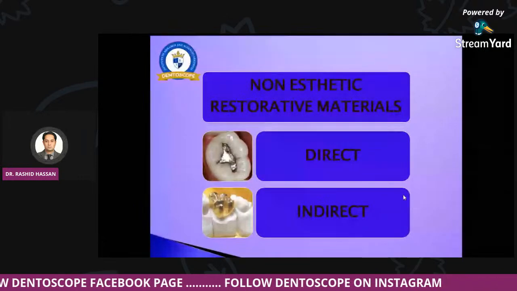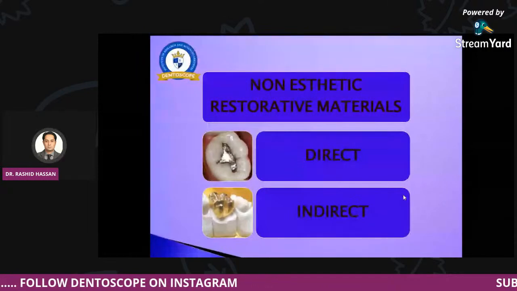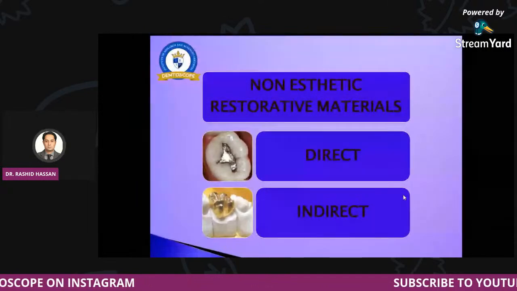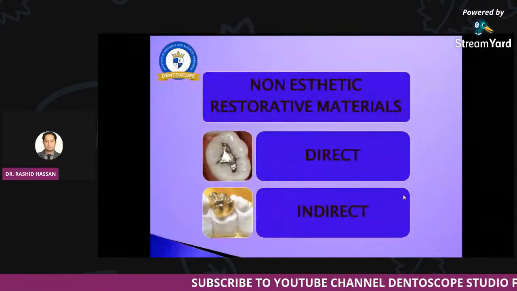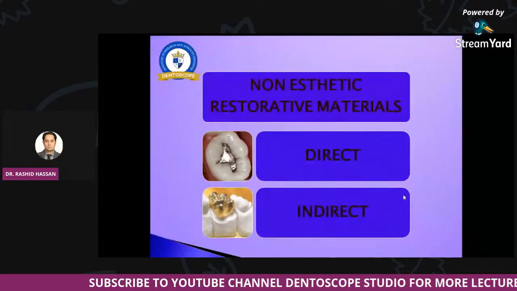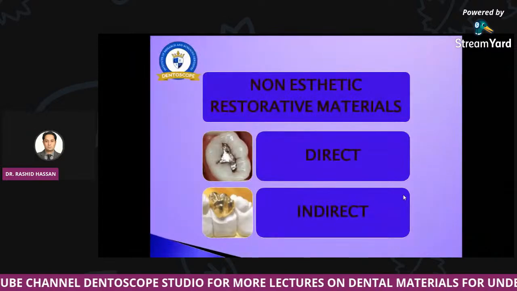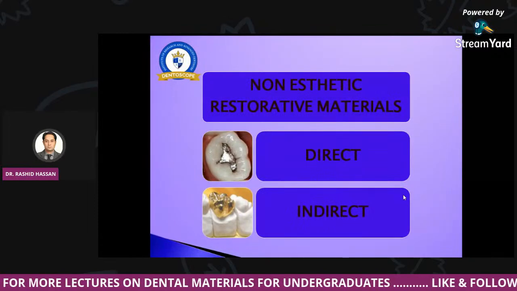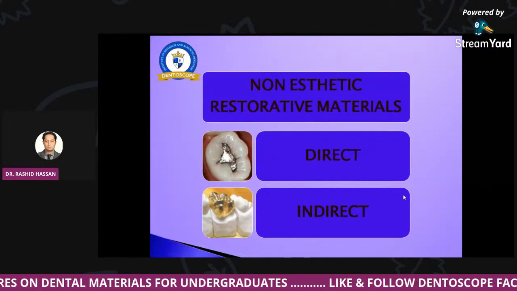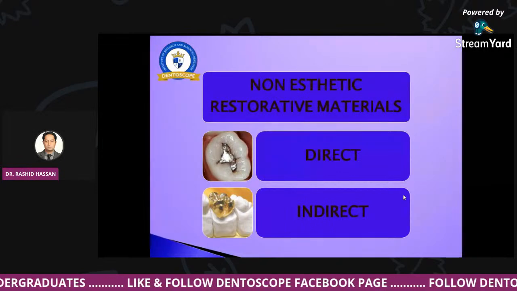Then the indirect ones, just like the indirect aesthetic restorative material, also require a dental lab to fabricate them, like crowns or inlays and onlays, which are metallic. So they are non-aesthetic and they are prepared by the dental lab. That's why they are called indirect non-aesthetic restorative material.